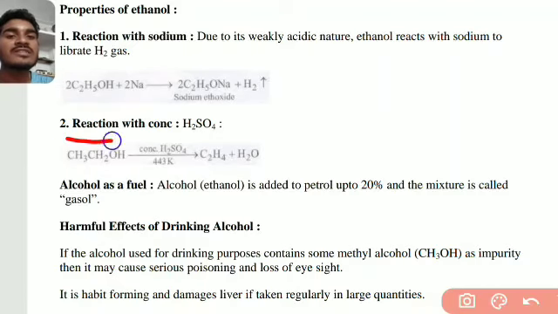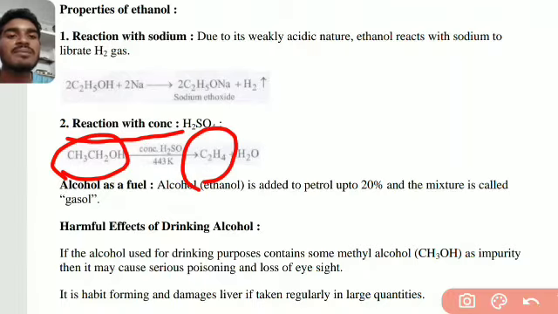The next reaction is with concentrated H2SO4: ethanol reacts with H2SO4 at a temperature of 443 Kelvin, and it will produce ethene plus water, in the presence of sulfuric acid.